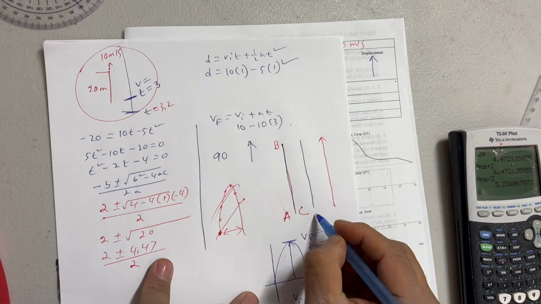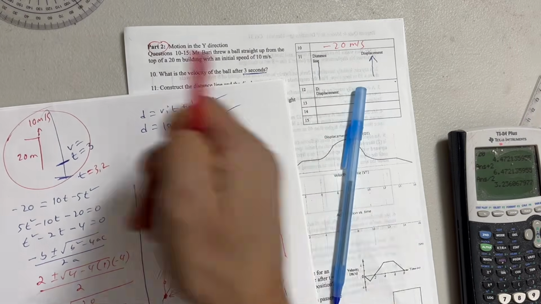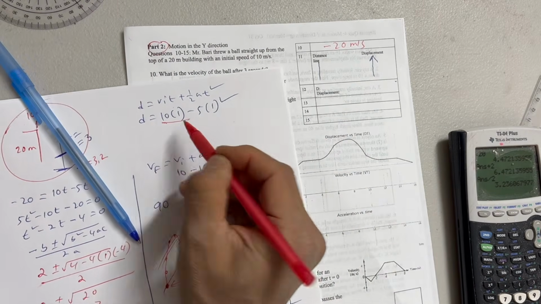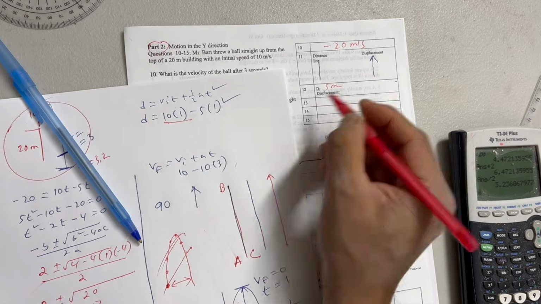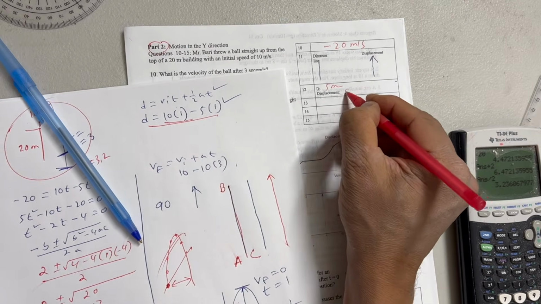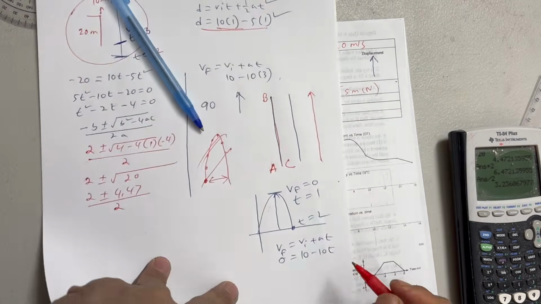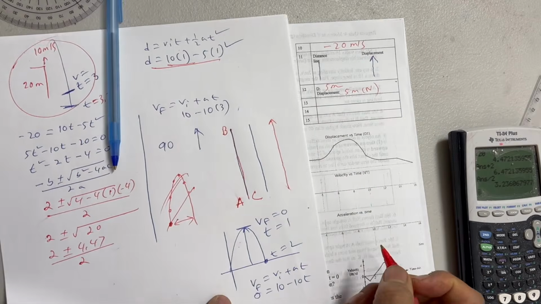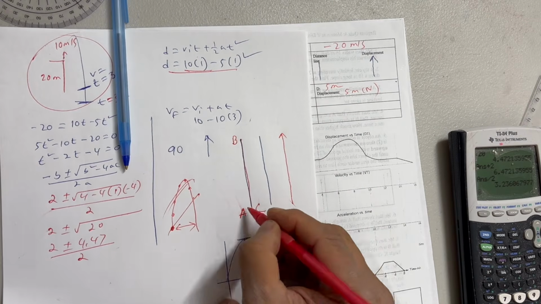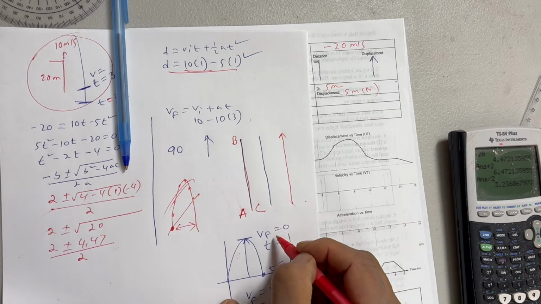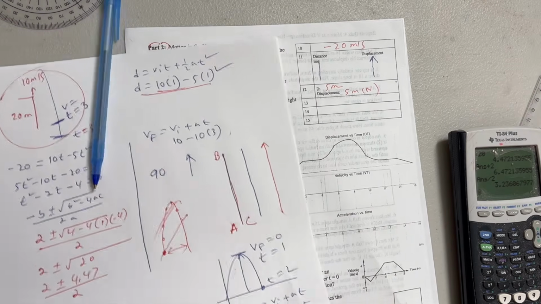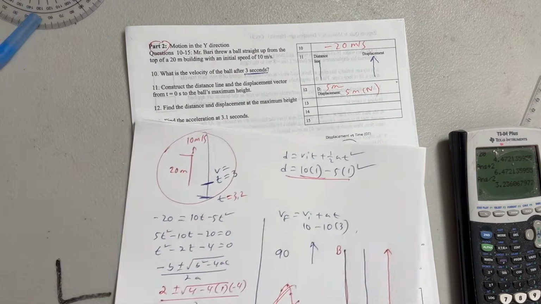So you have 5 meter. Distance is 5 meter. Displacement is also 5 meter, but it's to the north. I did not take away a point for not writing north. So this is the distance. This is the displacement.